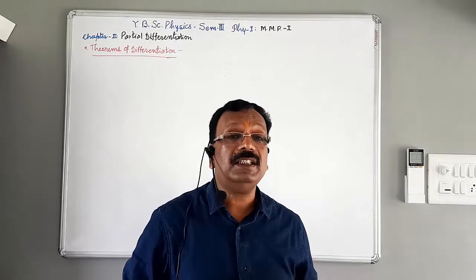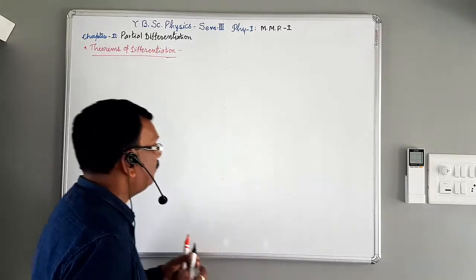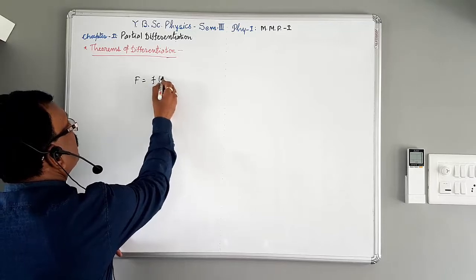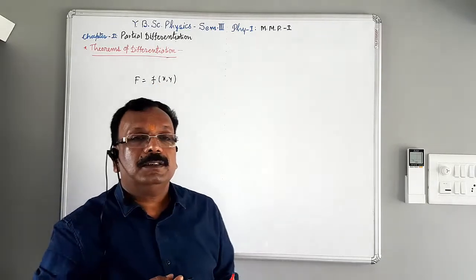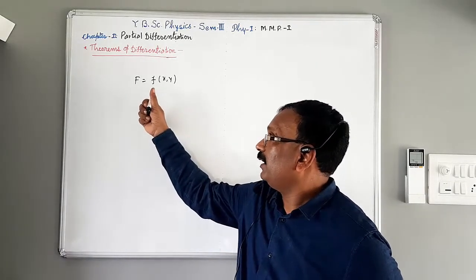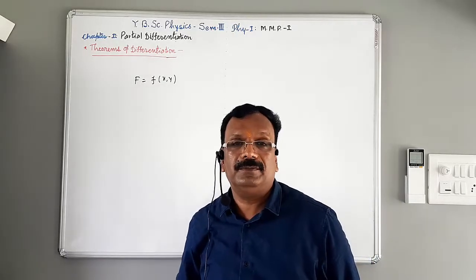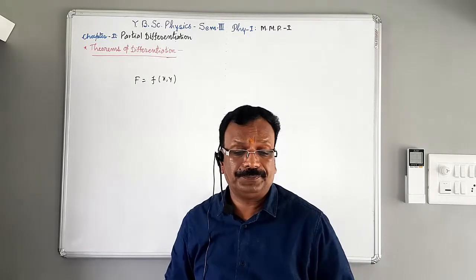In order to study these two theorems, we know that a function f is equal to f of x, y. In this function, x and y are two independent variables, whereas f is the dependent variable.